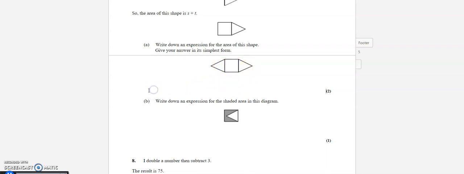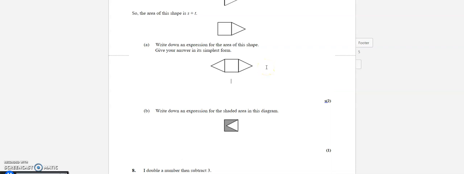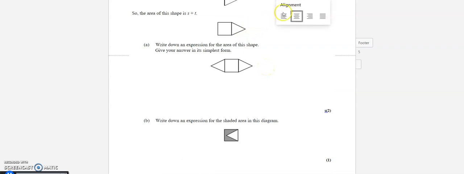So if I just hop down here, taking this down. So if we said S plus T plus T, for example, we could write that. Just going to take that S away over there. And that would technically be right, but is it in its simplest form is the question, and probably not.